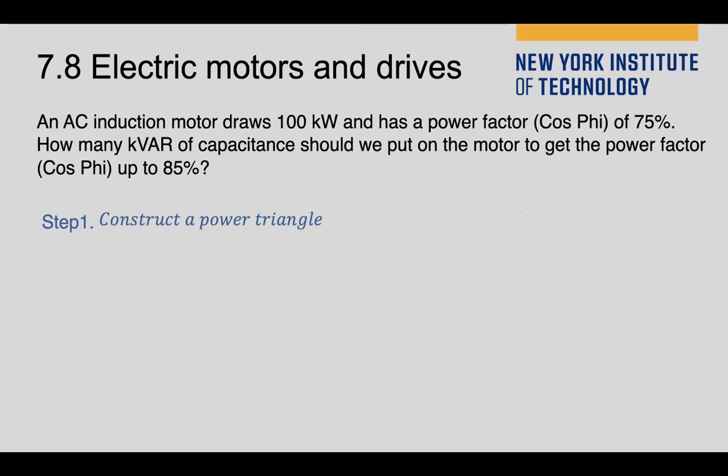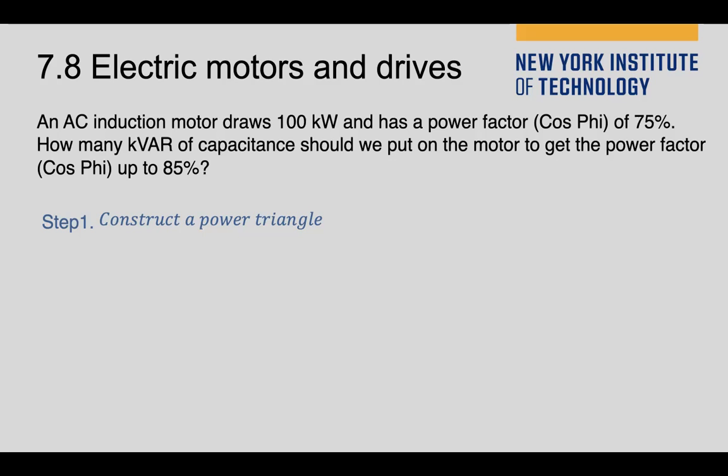When you have an appliance which has a low power factor, and you don't want to get the penalty from the power station, you need to improve it in order to lower the cost on the electricity bill. We need to connect the capacitor in parallel to the motor. But what is the specification? How much power of the capacitor should we put in order to fulfill this situation? That is what we need to do in this question.